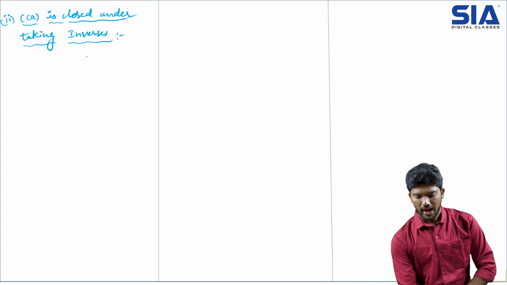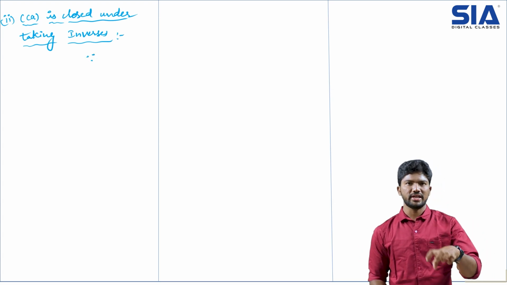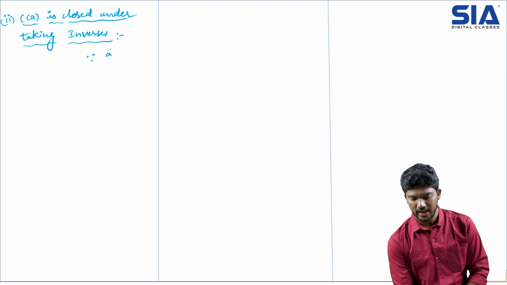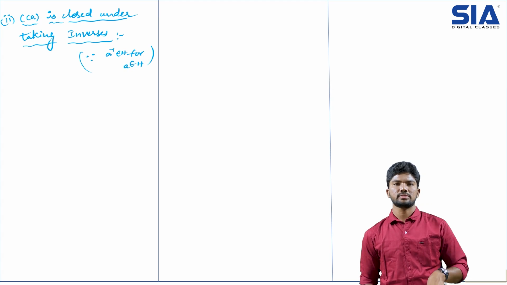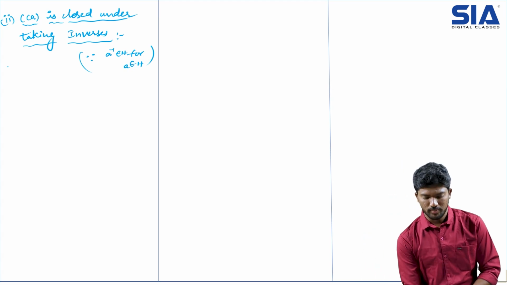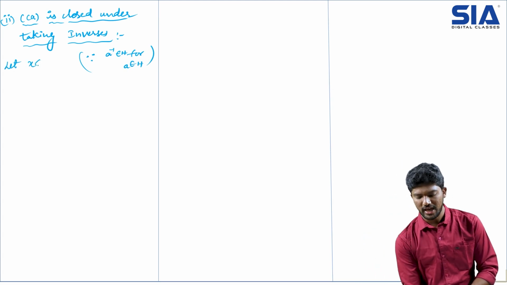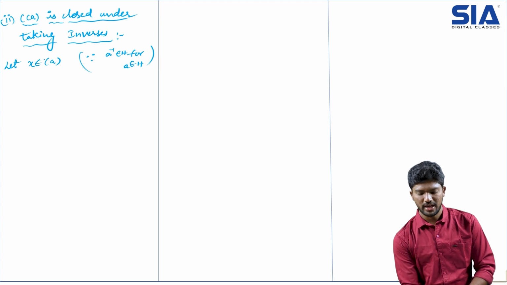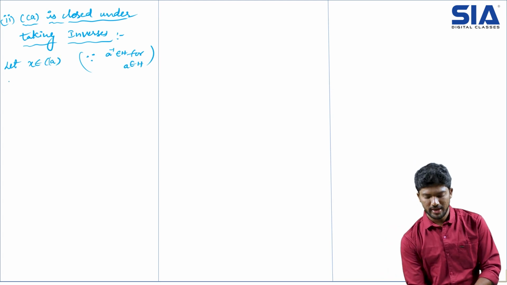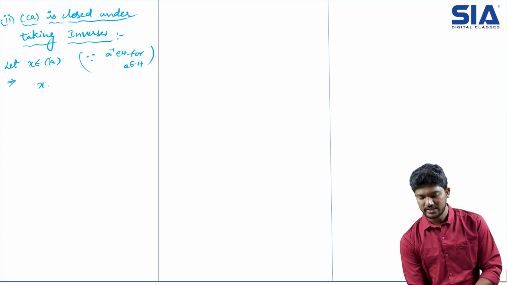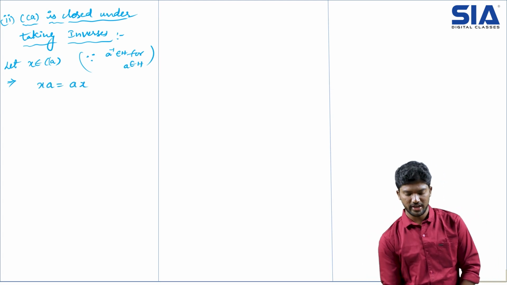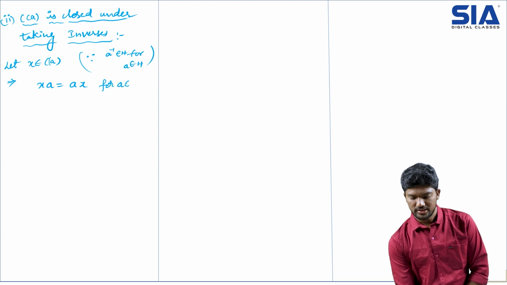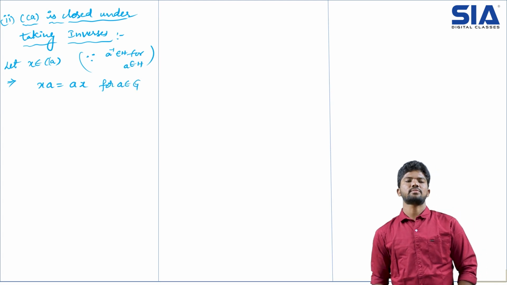Now I am writing the original second property of the two-step subgroup theorem: A inverse belongs to capital H for A belongs to capital H. So this is the second property of the two-step subgroup theorem. Now for the same property, let x belong to C of A. Then by the equation star we have x into A is equal to A into x, for any fixed value small a belonging to capital G.